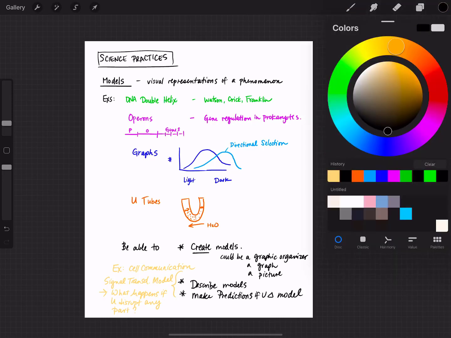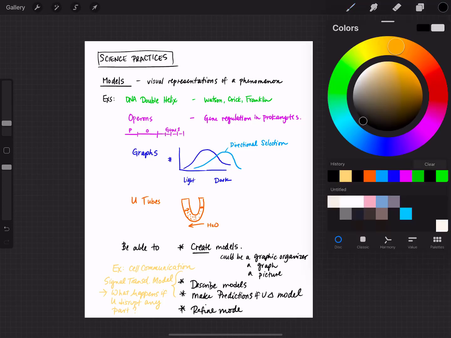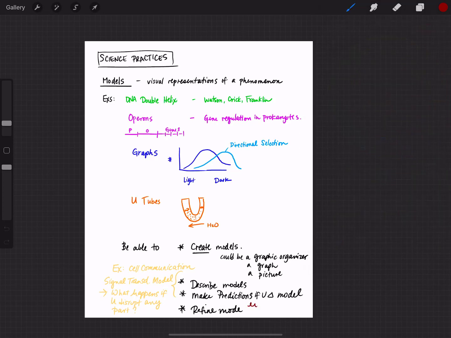And then finally, you may also be asked to refine a model, which is similar to making a prediction. So in the DNA unit, I've seen many questions where they offer you a DNA sequence or part of a DNA sequence and have you transcribe that sequence into mRNA, and from mRNA, using the genetic code, predict the amino acid sequence.